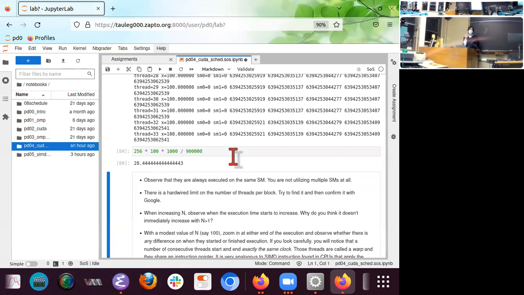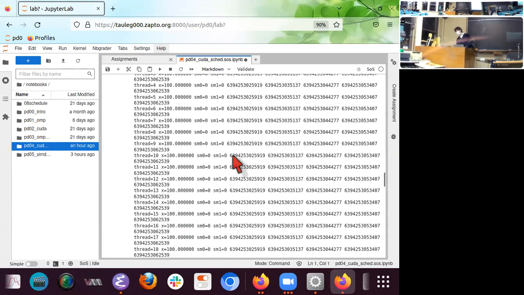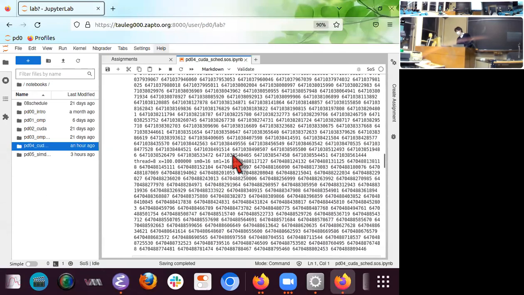So what is actually the peak performance of a single streaming multiprocessor of a GPU? Well, it actually depends on the precision of the floating point numbers. In this experiment, I'm using double precision numbers.